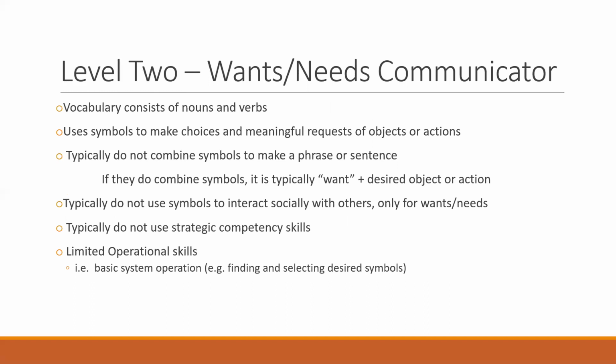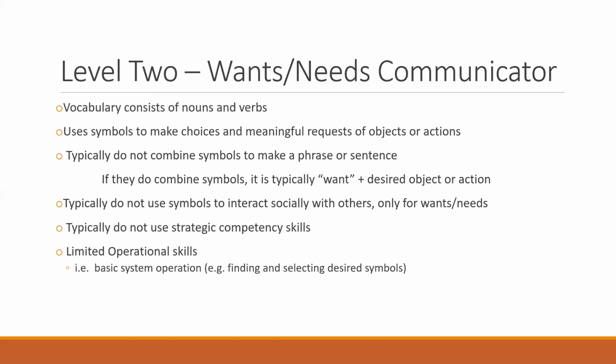Now, with a level 2, a wants and needs communicator, we're seeing that their vocabulary consists of nouns and verbs. They're beginning to use symbols to make choices and meaningful requests of objects or actions. They typically do not combine symbols to make a phrase or a sentence. And if they do, it's really kind of basic and predictable.